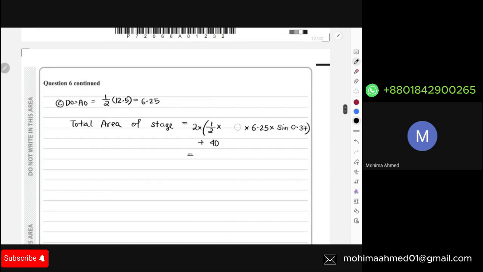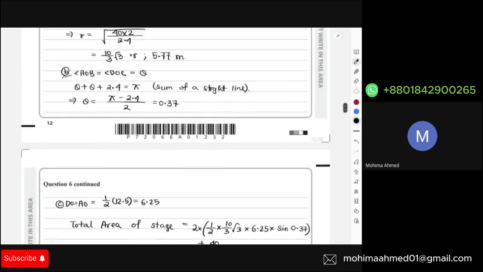If I would use the exact answer, I should write this as 10 by 3 root 3, then multiplied with 6.25, then sine 0.37 plus 40. So the rough answer that I get from here is actually 53.04.